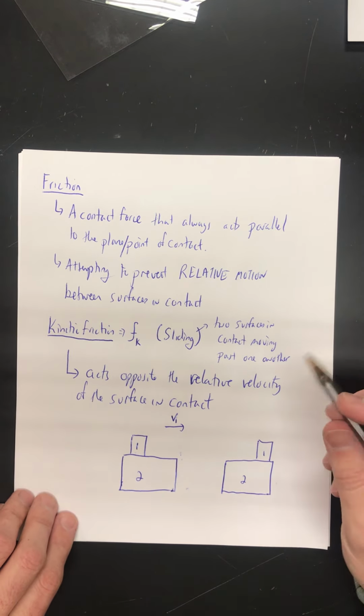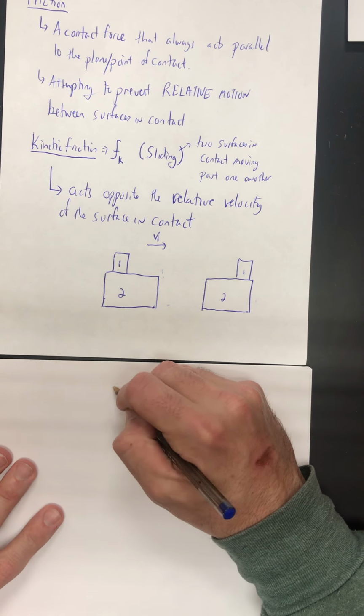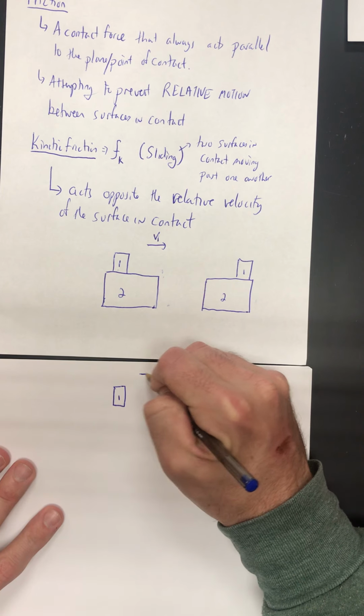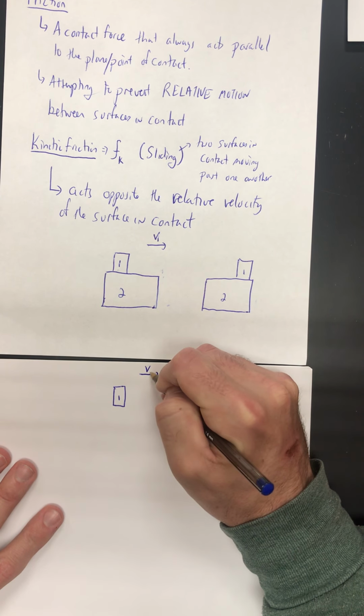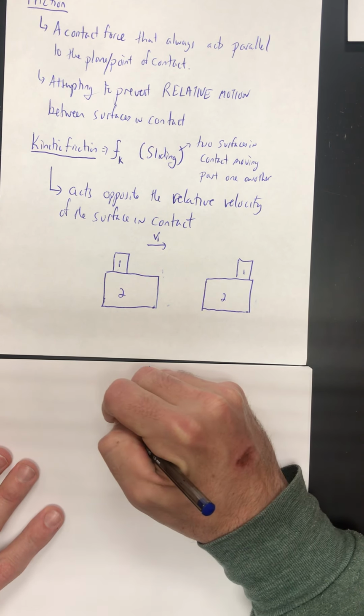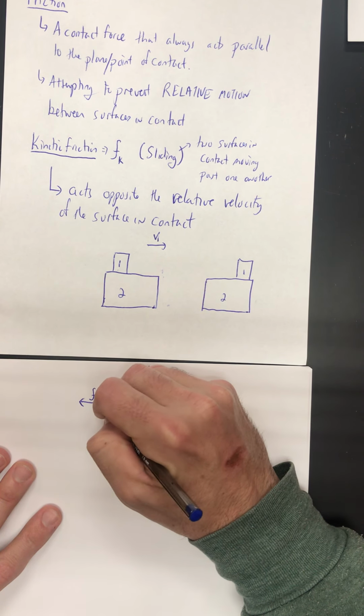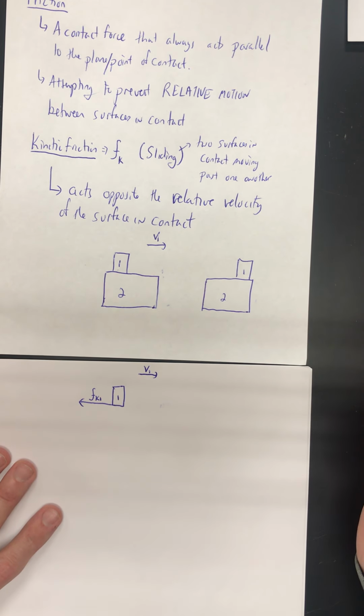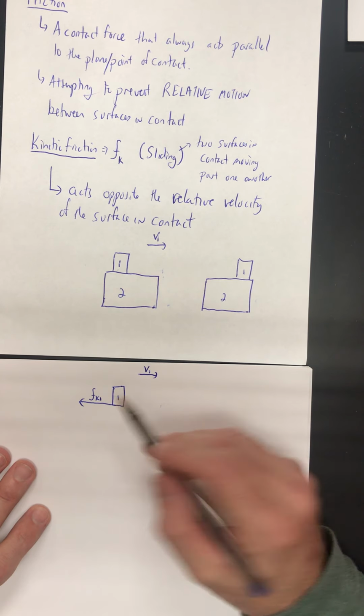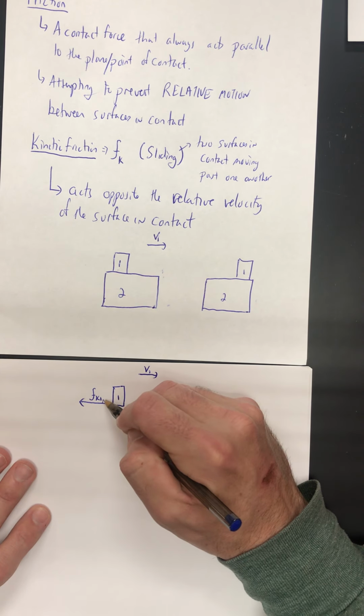If I do a free body diagram of what is going on, box 1, because it had a velocity to the right with respect to box 2, would experience a kinetic friction force like that. That's the kinetic friction force on object 1 due to its contact with object 2.